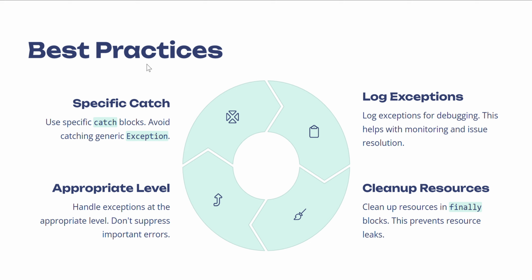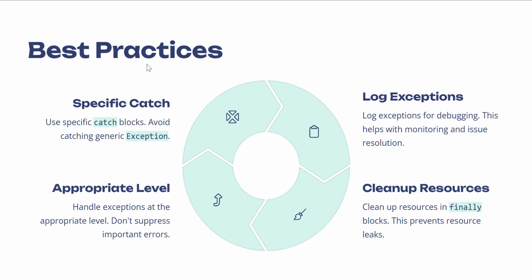Log exceptions are usually used for debugging. This is for monitoring and resolving the issue. Like if you want to test or debug an issue in a specific part of code, then we use the log exceptions, which help you debug the particular part of code, not the whole huge project or program.